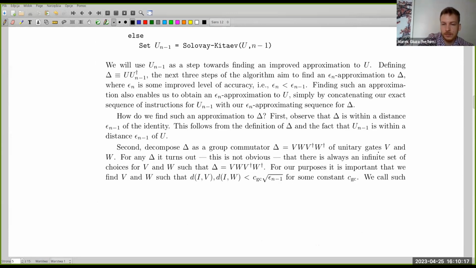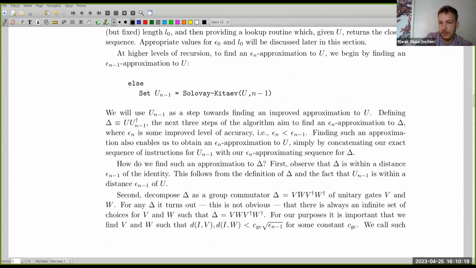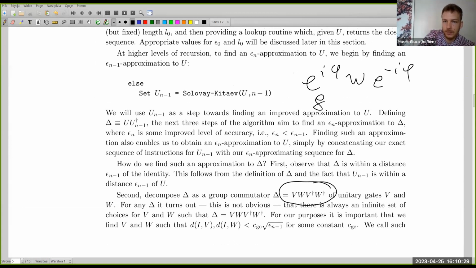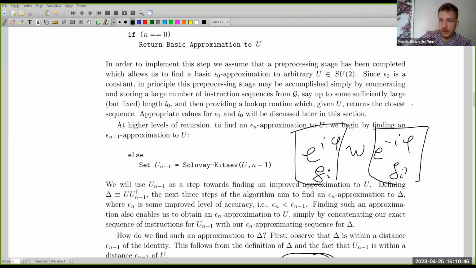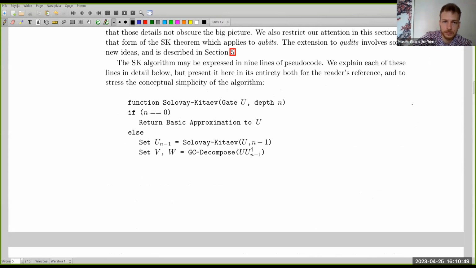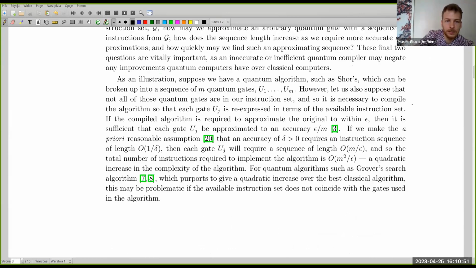So I will go here. And this you should recognize as the group commutator. And to get the group commutator involving i phi and then maybe some unitary W, I need also the inverse. So if this is my gate Gi, and this will be some Gi prime gate. So to avoid inverting this, I say I need the inverse already in the gate set, so I just keep applying this. That's why number 2.